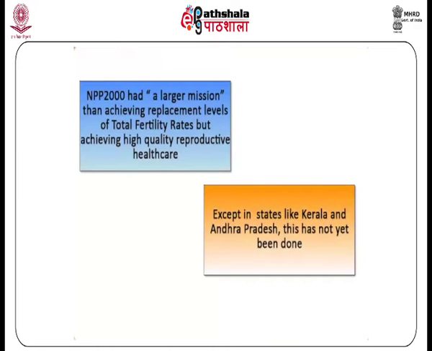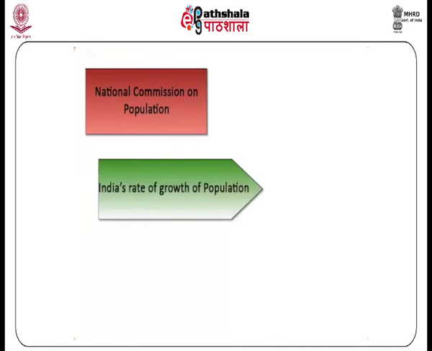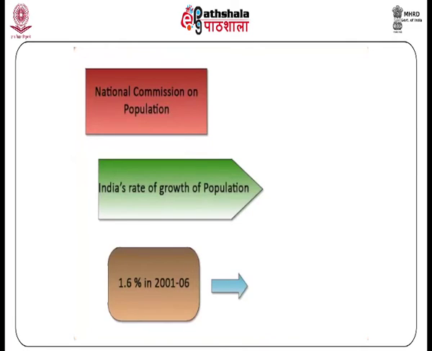Except in states like Kerala and Andhra Pradesh, this has not been done yet. The National Commission on Population under the Ministry of Health and Family Welfare projected in 2006 that India's rate of growth of population will decelerate from 1.6% in 2001 to 2006 to 0.9% in 2021 to 2026.